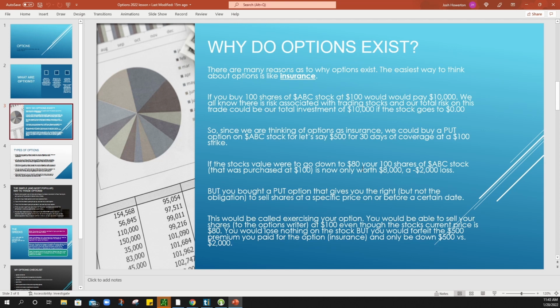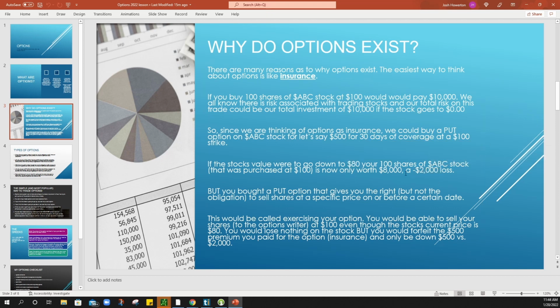And so again, I just want to make sure you understand before we move on to the next slide. So we're thinking about options as insurance. Based on this example, you have a $10,000 investment in Tesla, 100 shares at $100. If you do not do anything and you do not buy insurance, and it drops to $80, that means you're down $2,000.